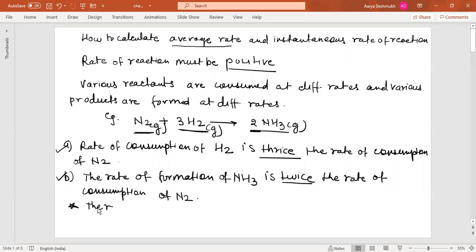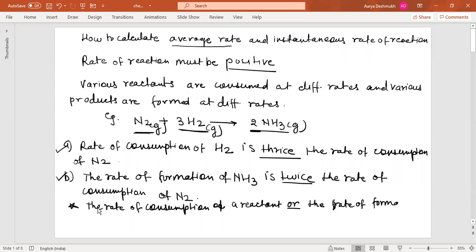So the rate of consumption of a reactant, what is consumed here? Reactant is consumed. Or the rate of the formation of a product, what is forming? That is obviously the product.